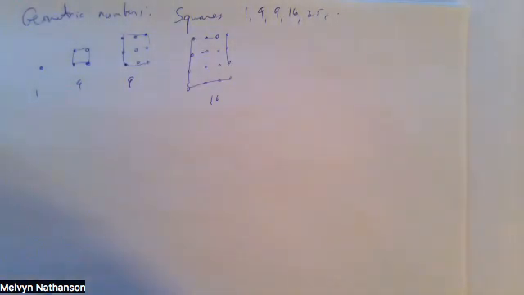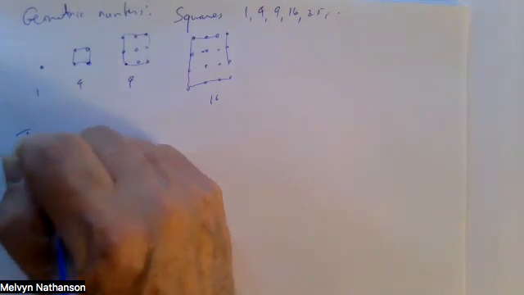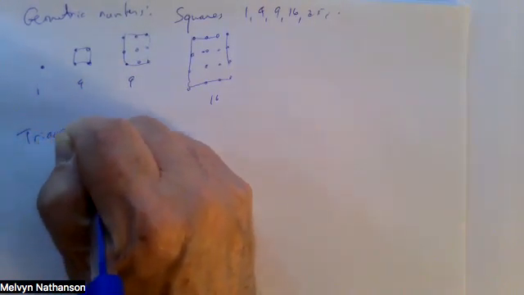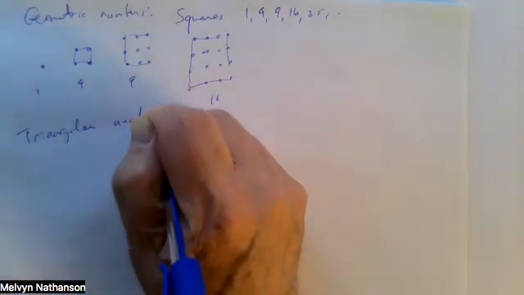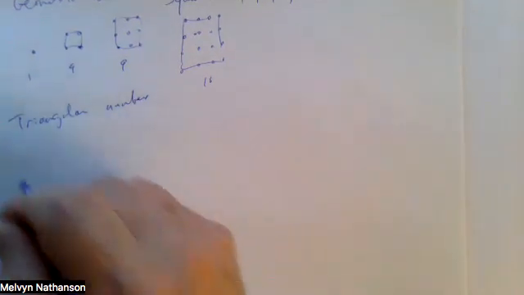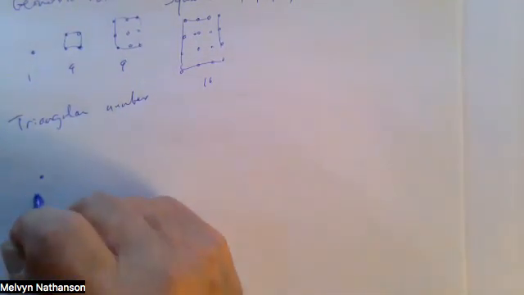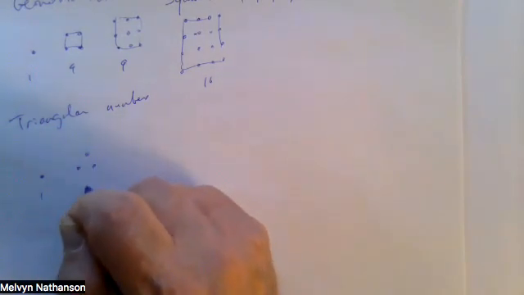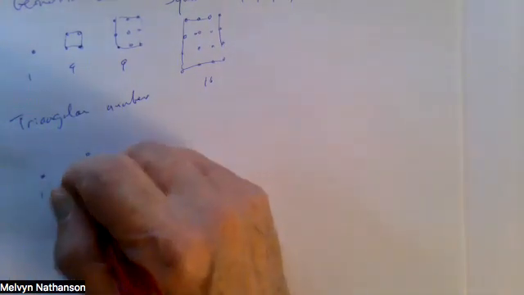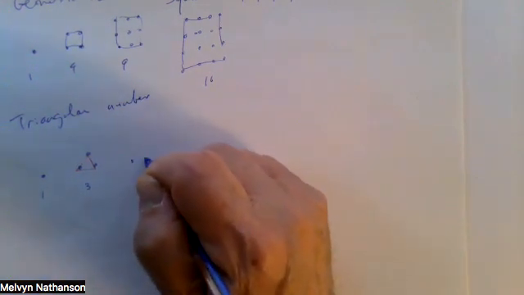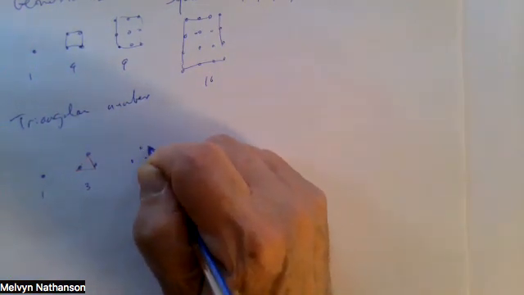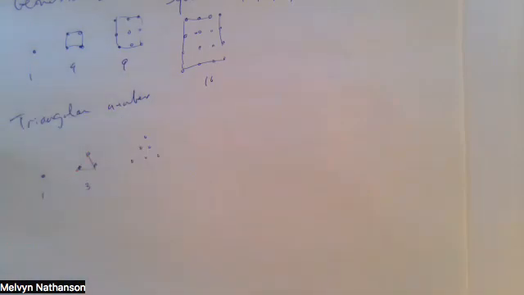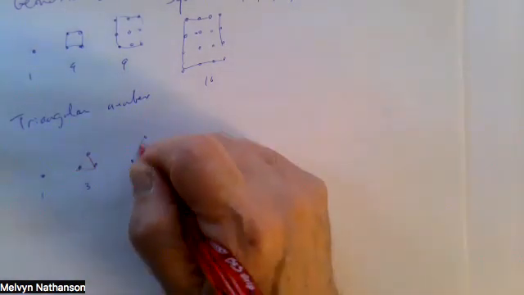But there are also numbers that are called triangular numbers, and they're numbers that come from triangles. Of course, that's a simple triangle. There's just 1 dot there. So here's a triangle. There are 3 dots. The next triangle, you might have 3 dots in the base, and every time you go up, you have 1 fewer dot.